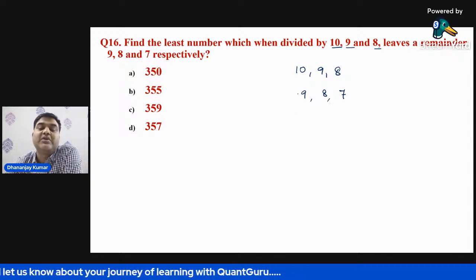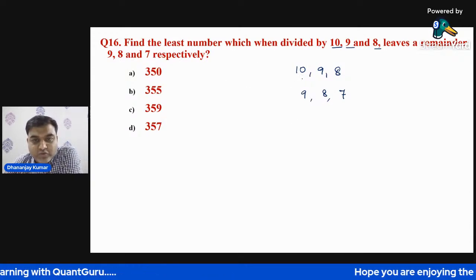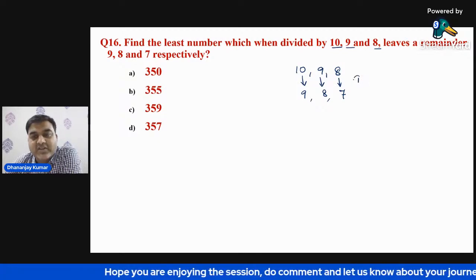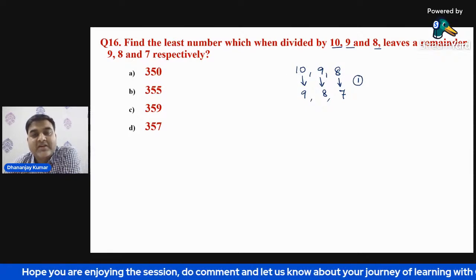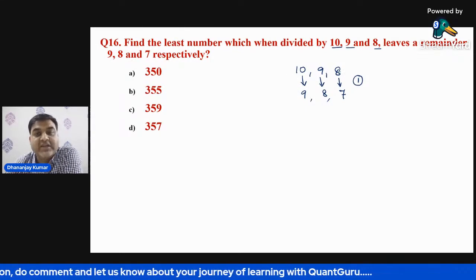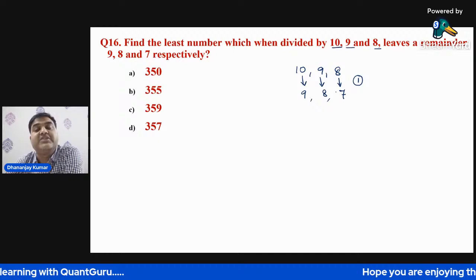If you subtract, 10 minus 9 is 1, 9 minus 8 is 1, 8 minus 7 is 1. So in all three cases, the remainder difference is going to be the same.